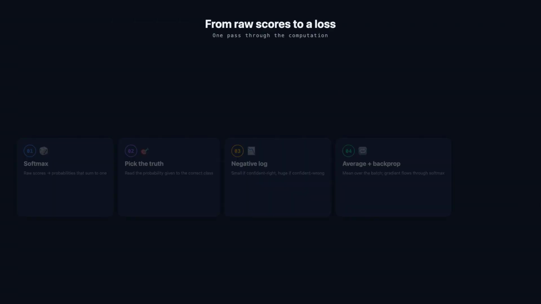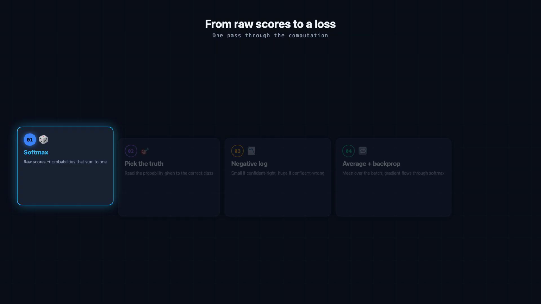Now, let us walk the computation once from raw outputs to the number we backpropagate. Everything starts with a probability distribution. The model produces raw scores over all the classes, and softmax squashes them into probabilities that sum to 1. So instead of arbitrary numbers, you now have a clean guess of how likely the model thinks each class is.